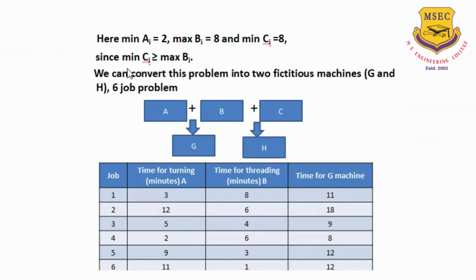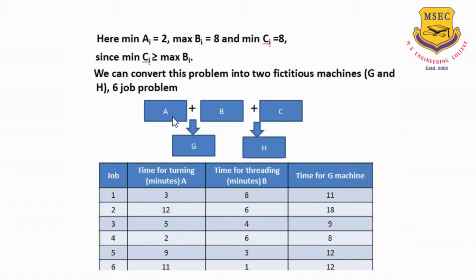Now if you observe the relationship, the minimum of Ai or minimum of Ci is greater than or equal to the maximum of Bi. That means in the middle column, whatever the maximum is, we check it against the minimums for the A machine and the C machine. If the minimum of Ci is greater than or equal to the maximum of Bi, then we can convert this problem into 2 fictitious machines called G and H.